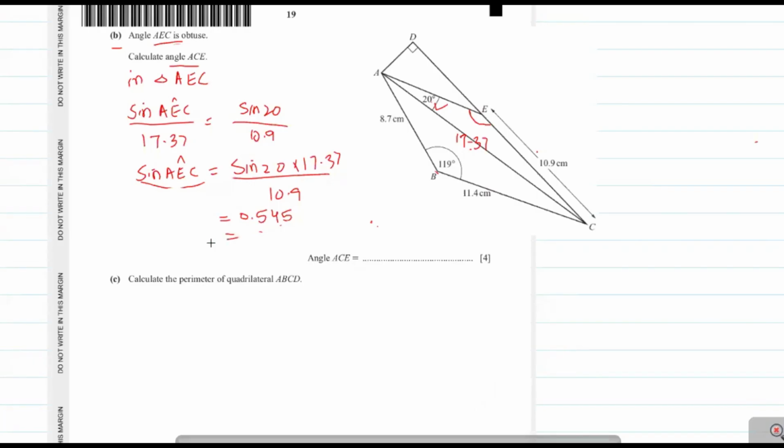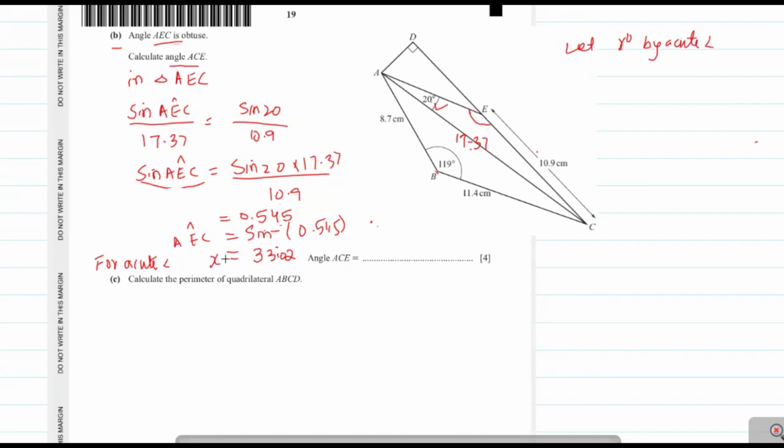Now look here, angle AEC equals sine inverse 0.545, and this value is 33.02. But this value is for an acute angle. Let x degrees be the acute angle.